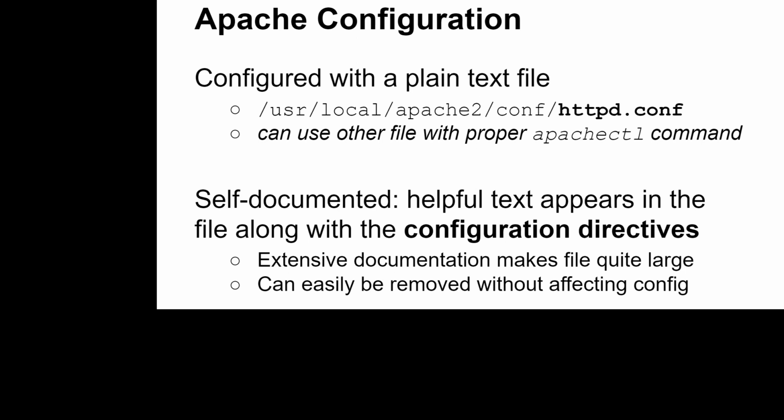And with the proper apachectl command, we can actually make Apache start up with a different httpd.conf file, or whatever configuration file you want to name it and wherever you want to put it. But by default, without the specific options, everything will load from this particular file here.